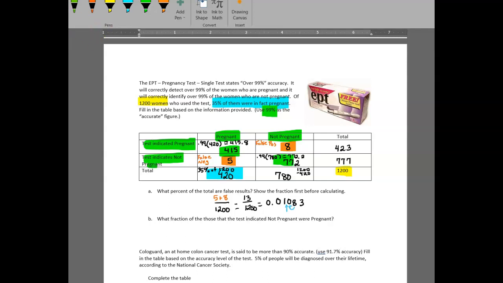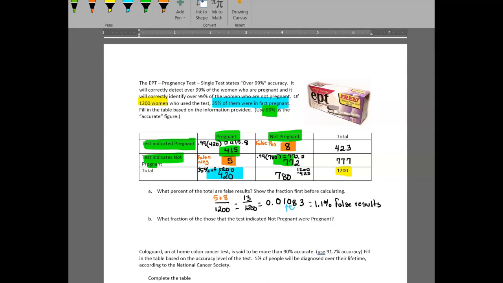So we end up with 1.1% false results. So again, 99% of the women who are pregnant does not mean 1% are going to be false results. It's actually slightly more than that.